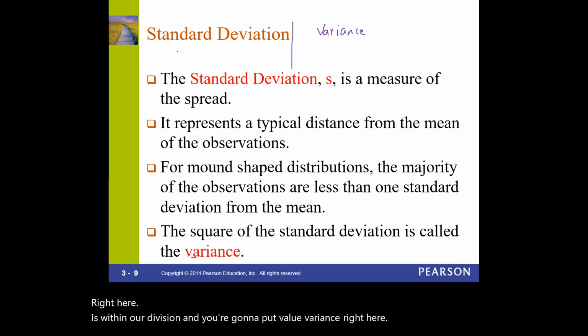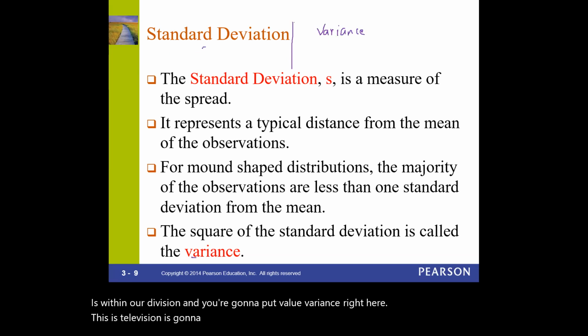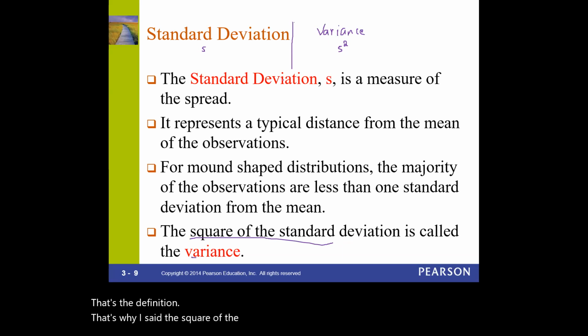The standard deviation is always going to be the letter S, okay? The variance will be S squared. That's the definition. That's why I said the variance is the square of the standard deviation, S squared. This is for a sample.